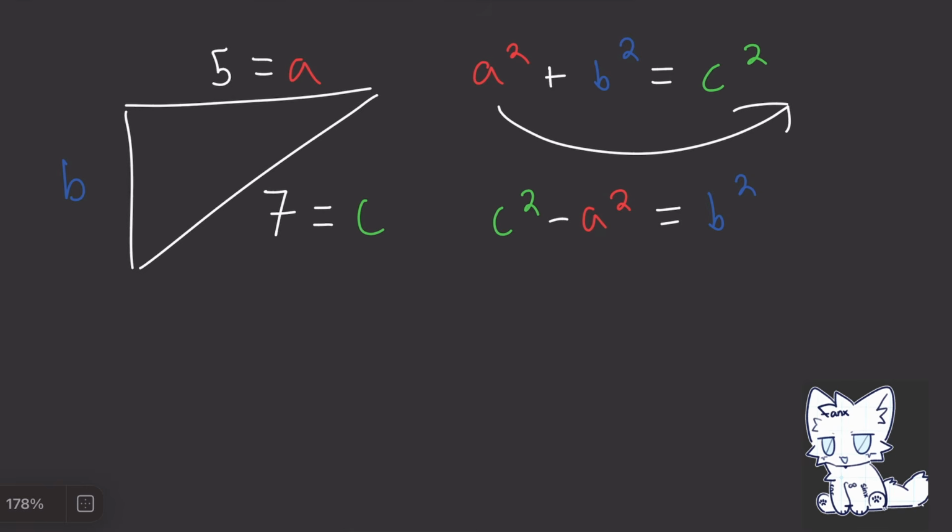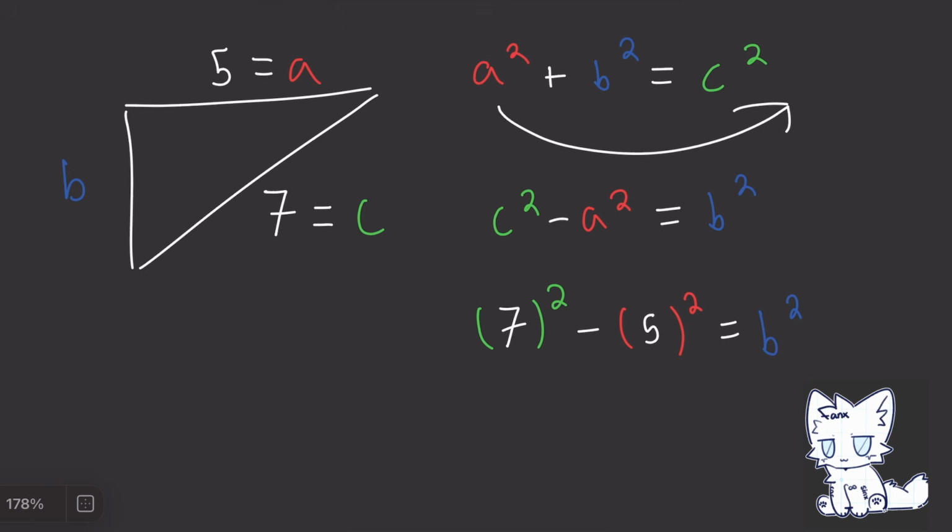All right, now let's plug in the values. So 7 squared minus 5 squared is still equal to b squared.